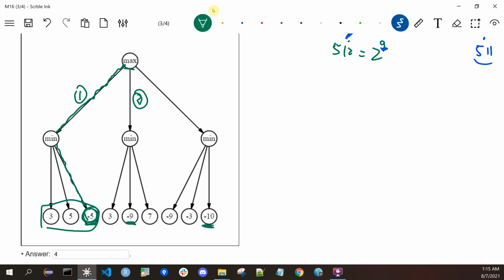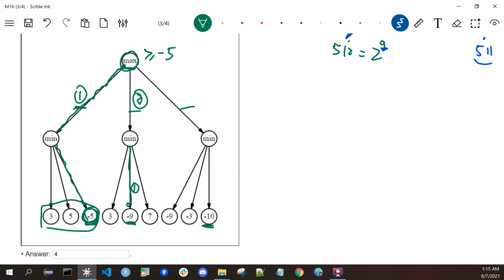And next, we're going to search, say, that branch. Suppose we search this sub-branch first, then at this point the max player is already getting something larger than or equal to -5, because the max player is maximizing between the first, second, and third branches, and I already get -5 from the first branch.